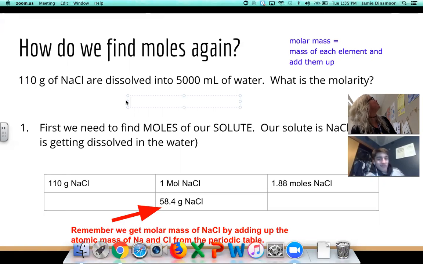I'm not just looking off into space because I don't have sodium memorized. Sodium is 22.9 or 23 grams per mole. That's the unit that we use to describe the molar mass. All I'm doing is looking at the mass on the periodic table. So 23 grams per mole is for sodium, and chlorine is 35.45.